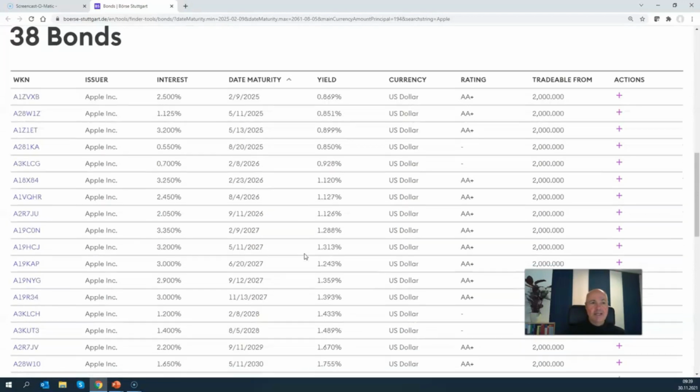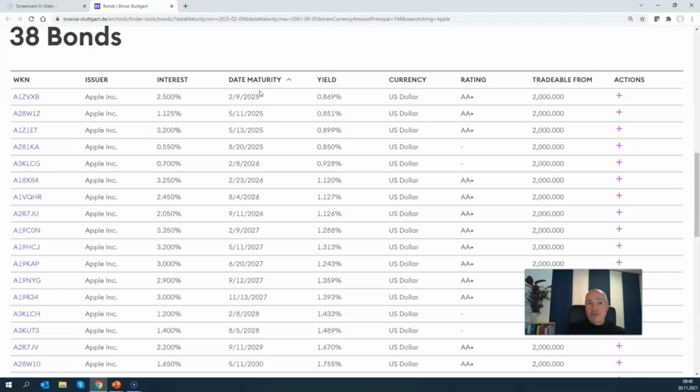We will see here that there are 38 bonds. On one side we see the security identification number of an Apple bond, then the issuer, which is Apple. The interest rate is known as the coupon rate. So that's a US dollar bond with a 2.5 coupon, and others with 1.125 or 3.2 coupons.